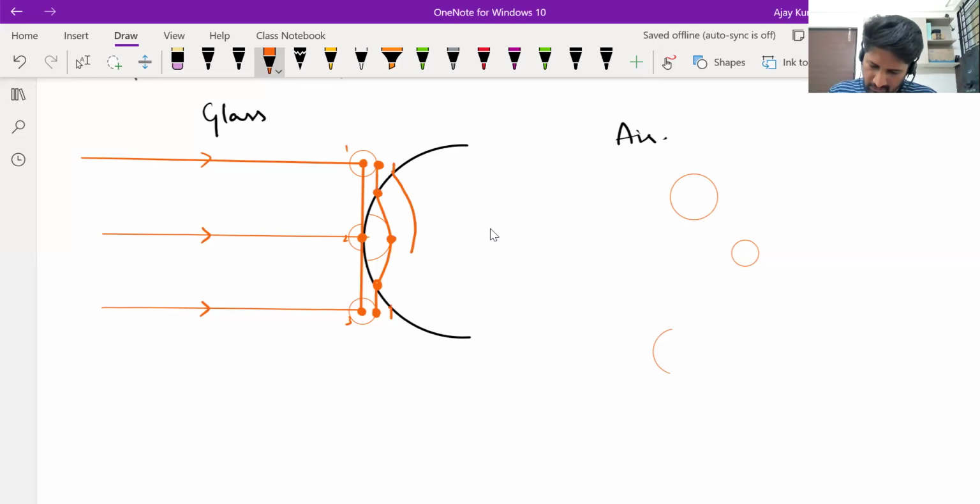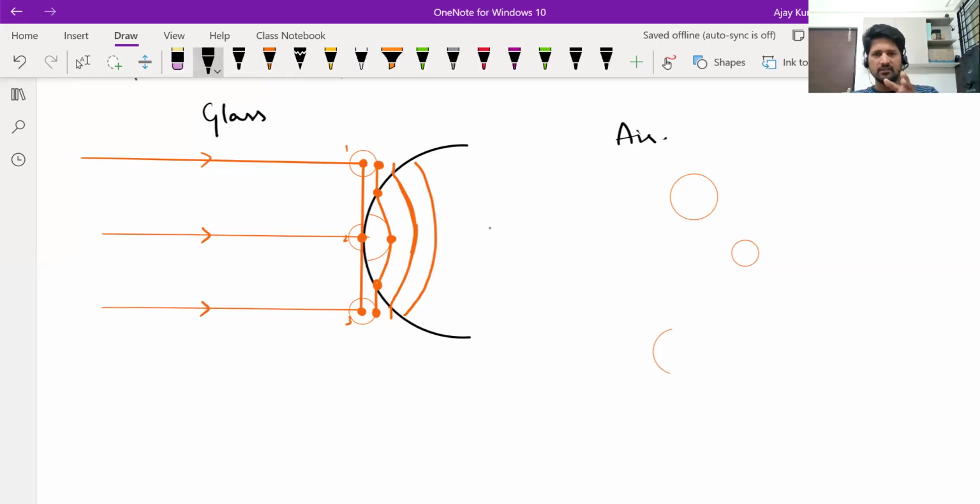It will be kind of like this. And once it completely comes out from glass into air, it is going to emerge this way. That's all. Now you can answer the question.